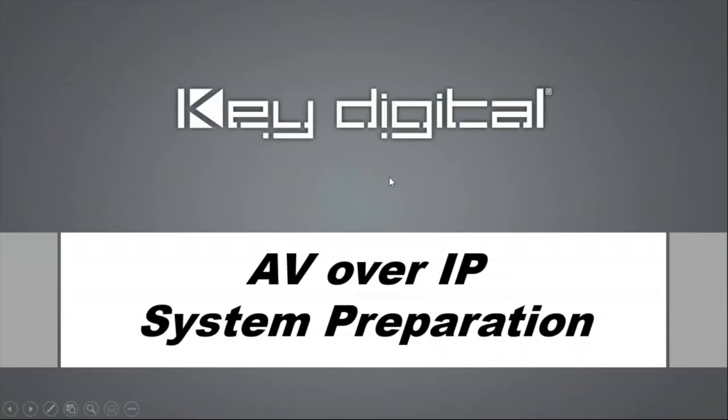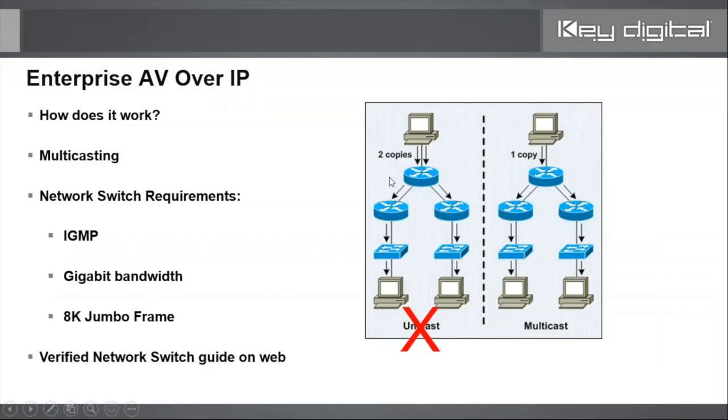Now, Key Digital's AV over IP, we're going to get you prepared for this system. How does AV over IP work from Key Digital? We use multicasting. Multicasting takes your HDMI source, it goes into an encoder, and it broadcasts that signal throughout the entire network.